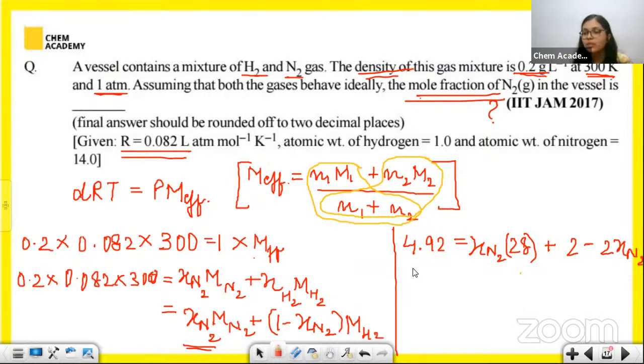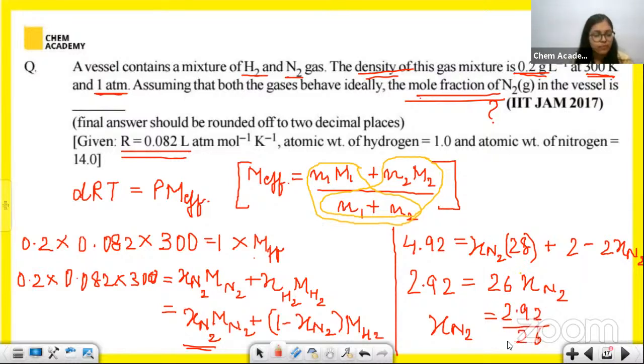On simplifying it, we will take 2 to this side, it will become 2.92 is equals to, this will get subtracted from this, so it will become 26 chi N2. So finally the mole fraction will come out to be 2.92 divided by 26.